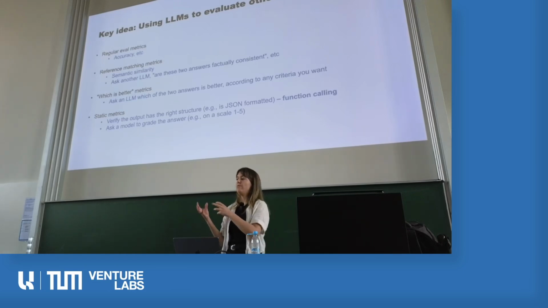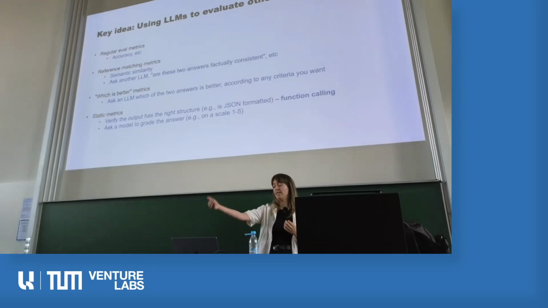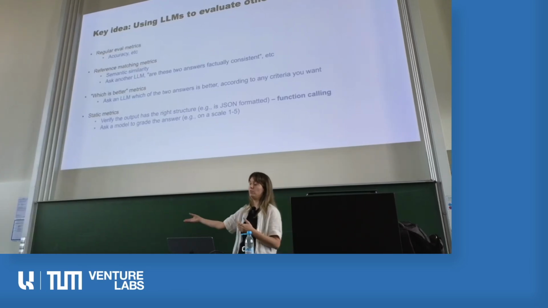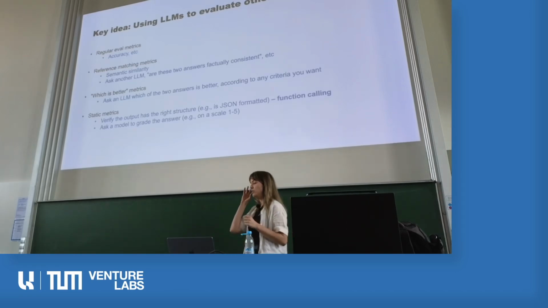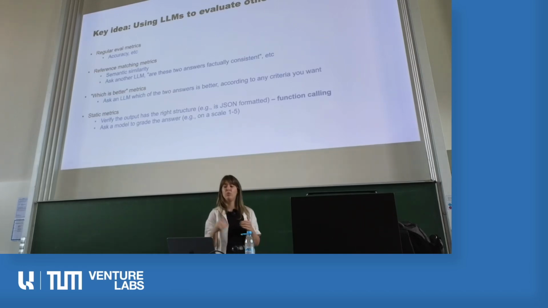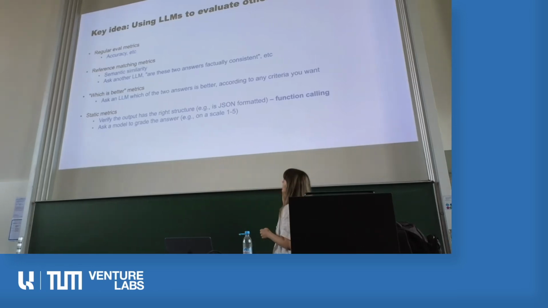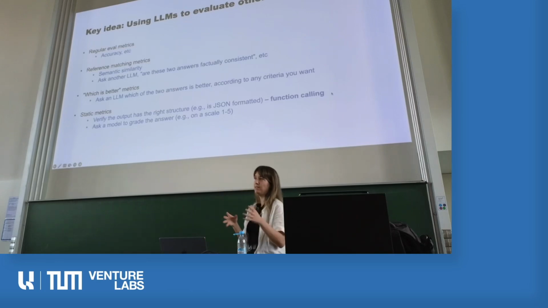But if I am expecting a JSON and the LLM is not giving me a JSON, then I will have errors in my code. How do I automate my flows? So I want to see how I can also evaluate that the JSON is formatted, that the JSON is in the correct shape. And there is this concept called function calling, which is highly relevant in this use case.